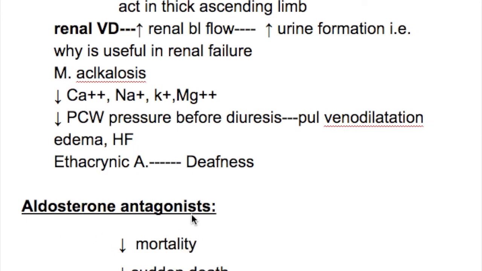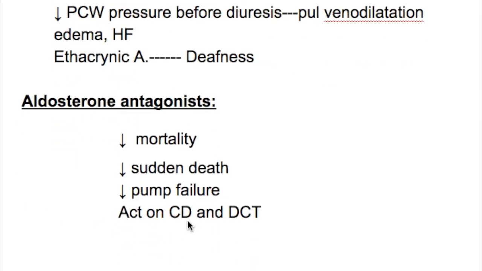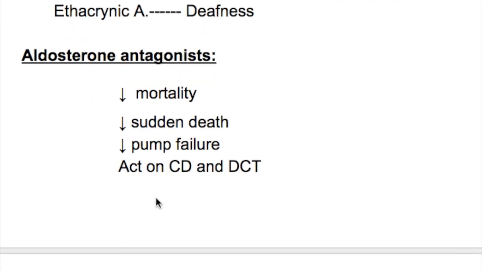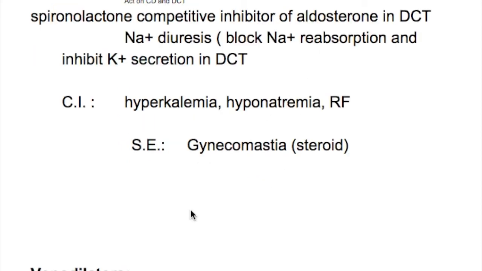Aldosterone antagonists we already discussed: decrease mortality, decrease sudden death, decrease pump failure, and the site of action is collecting duct and distal convoluted tubules. So what is the mechanism of action of spironolactone and where does it act?